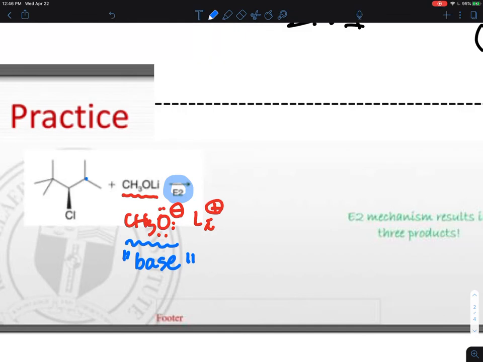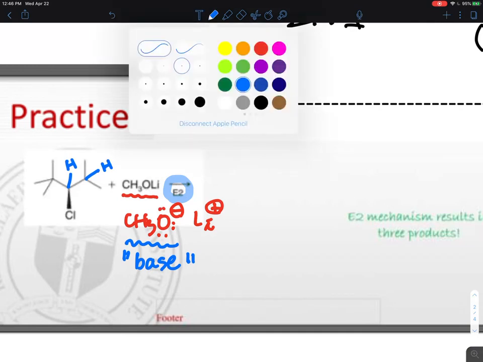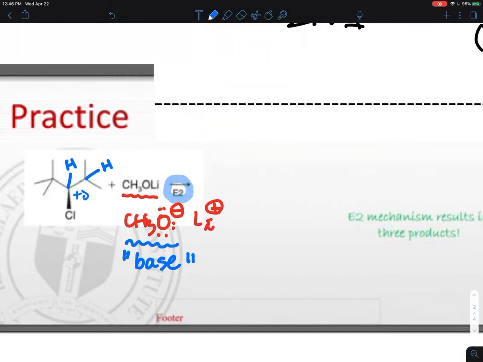You have a hydrogen here, and one hydrogen here, and which one will be the most acidic? Because of the same logic as before, there is a delta positive here, so the first instinct is not this hydrogen, but that hydrogen.